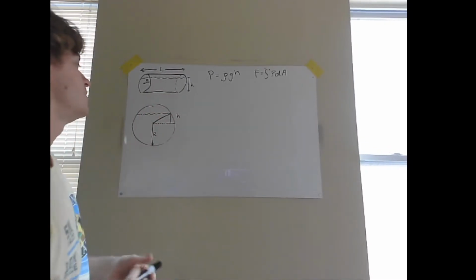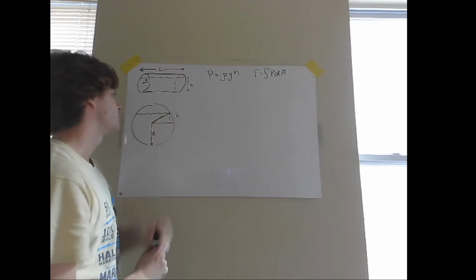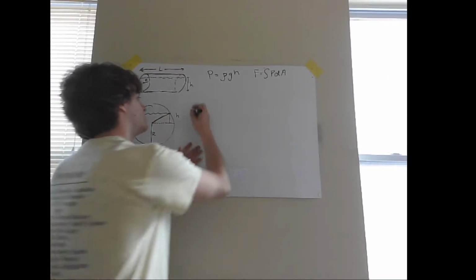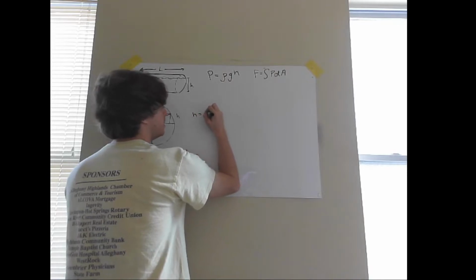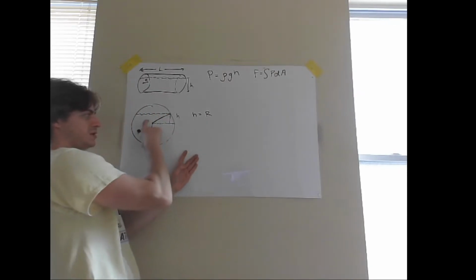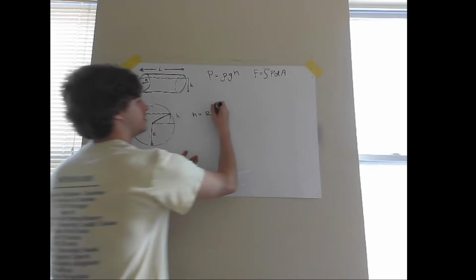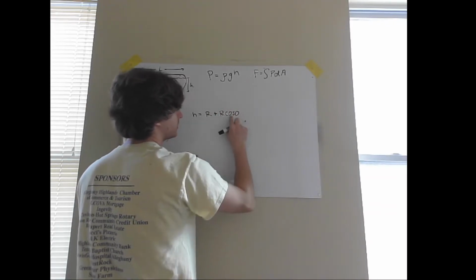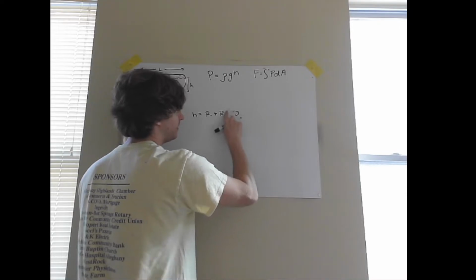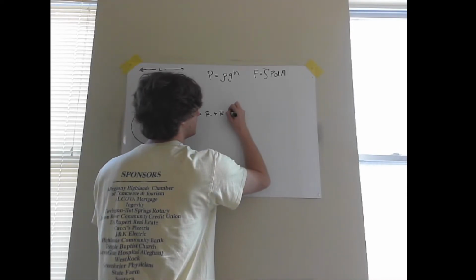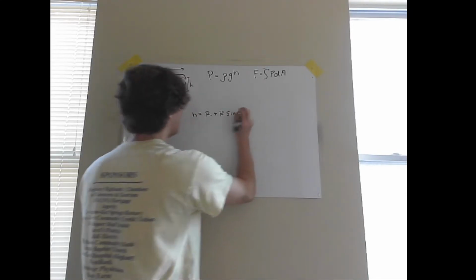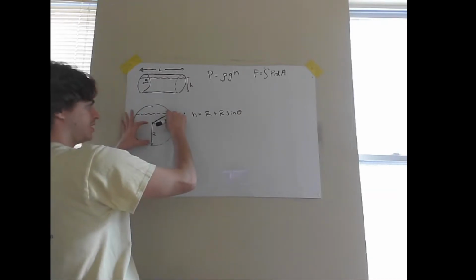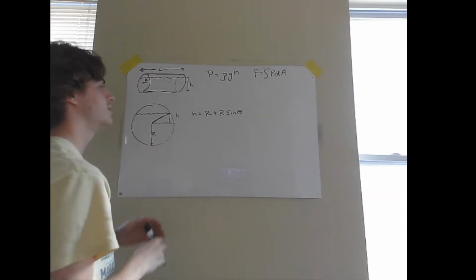And thinking back to the unit circle, this is just r sine theta. So for our height, it's just going to be r, which is this section, plus r sine of theta, which gives us this vertical component. So when you add these two together, that gives you the height of the liquid.